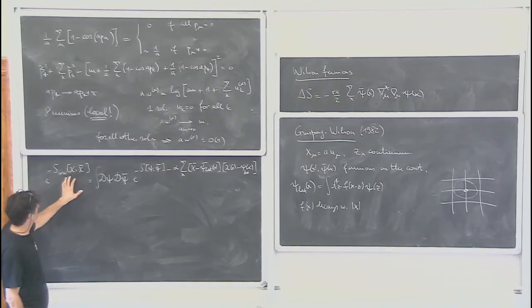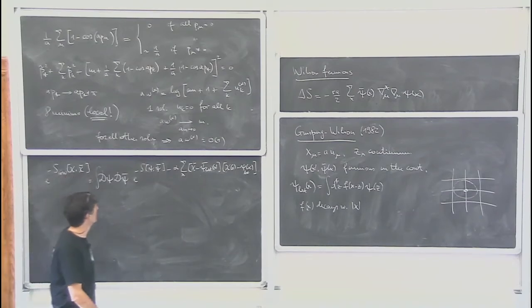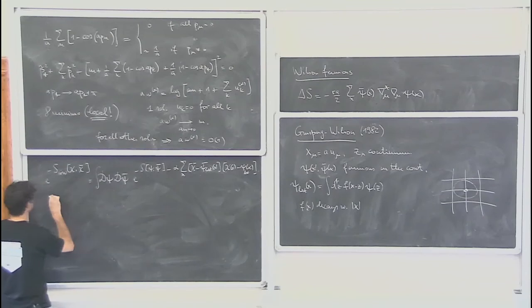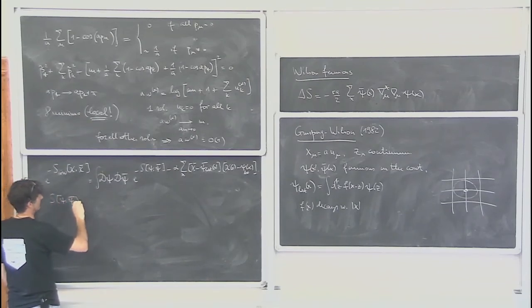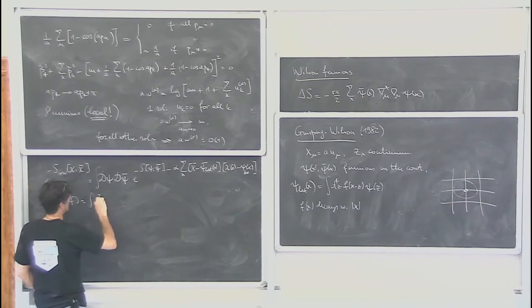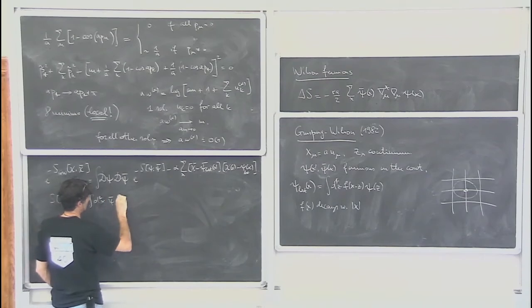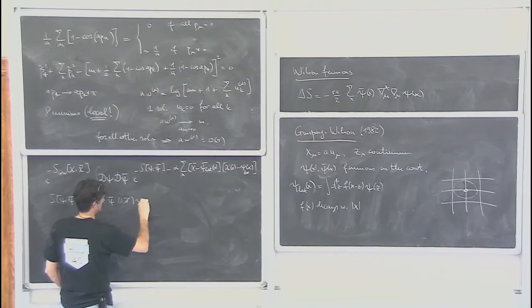So this defines my action. S here is the continuum action. Okay? And let's stick to massless fermions. So this is really D slash.